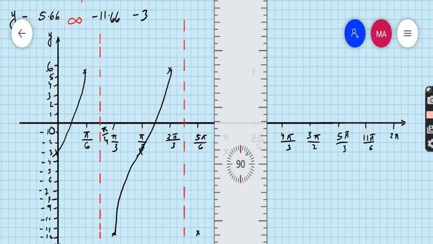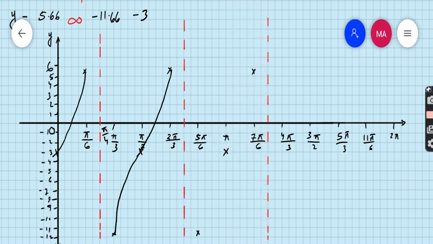Must be the dotted line with red color. Join these points. At 4 pi by 3, the value is minus 11.66.